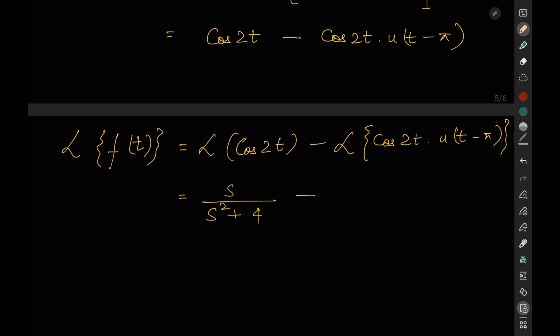So here, to get this Laplace, we have to represent cos 2t as cos 2(t minus pi). So we will write this as cos 2(t minus pi) plus pi, times u(t minus pi).